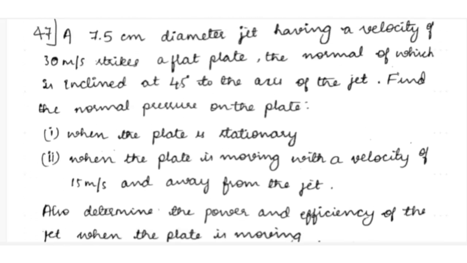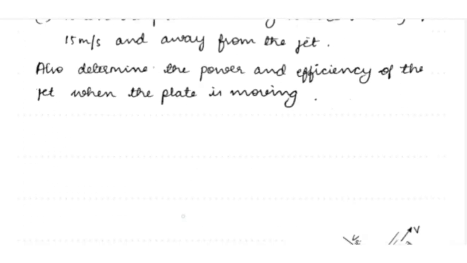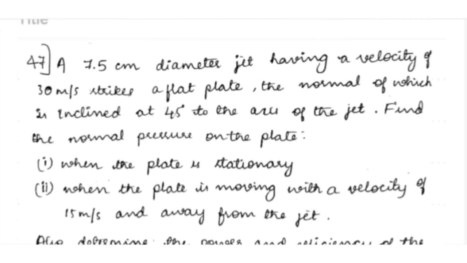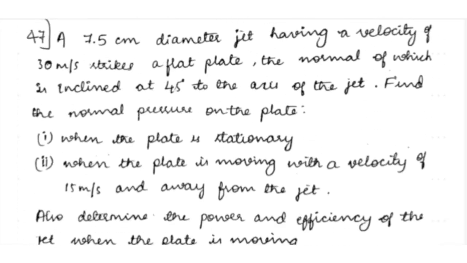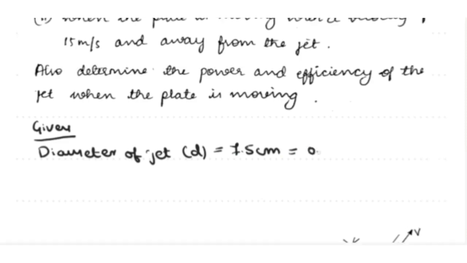So first let us go through this question and write down the given data. A 7.5 centimeter diameter jet, so the diameter of jet d is equal to 7.5 centimeter, that is equal to 0.075 meter.